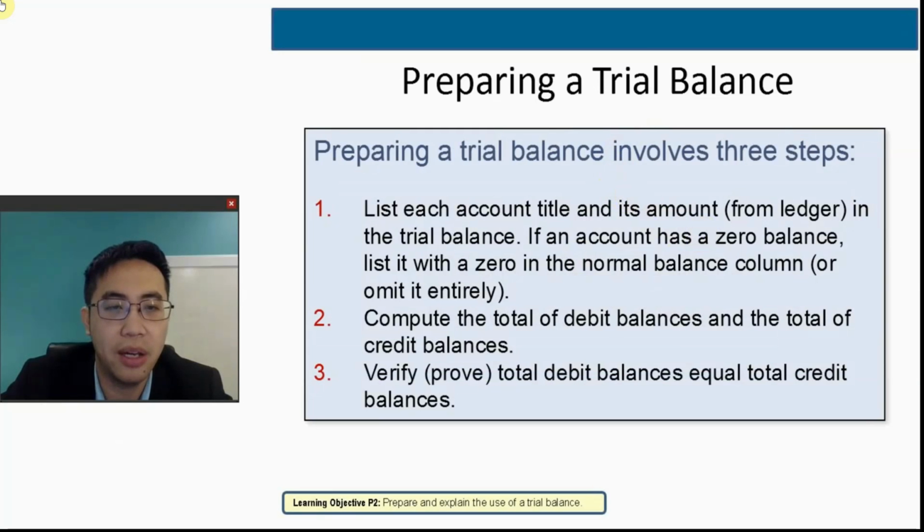If an account has a zero balance, we just omit it entirely. Second, we compute the total debit balances and the total credit balances. The last step is the verification. We're going to prove that what we did is correct, so we have to make sure the total debits match the total credits.